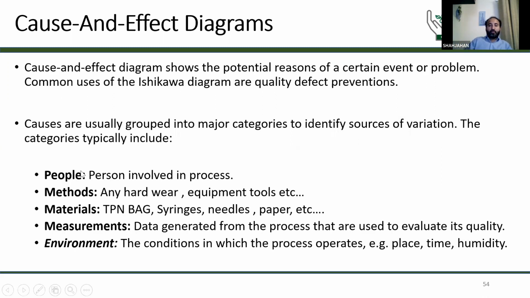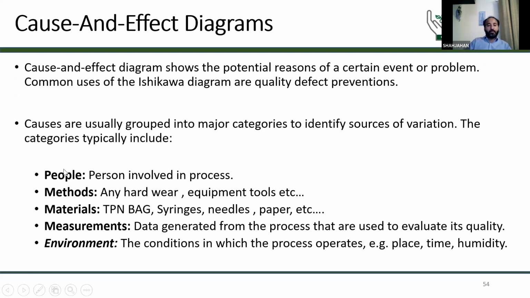Cause and effect diagram shows the potential reasons of certain events or problems. A common use of the Ishikawa diagram is quality defect prevention. Causes are usually grouped in major categories to identify sources of variation. Categories typically include the following, so whatever causes we receive from the staff, we will divide into them.